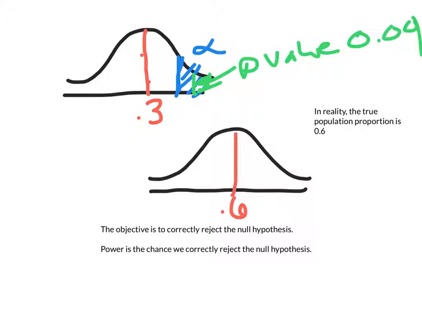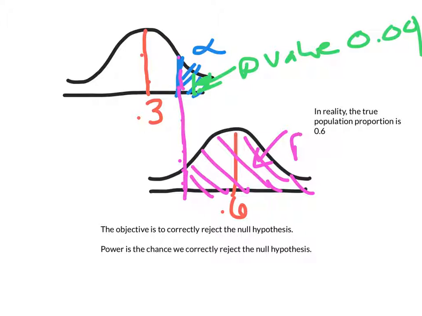Consider this a number line. 30% is definitely less than 60%. So if I take my alpha and I place it in the exact same spot on the new curve, numerically, the resulting area that I see on the secondary curve is known as power.